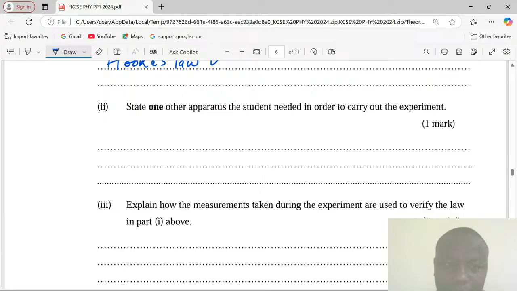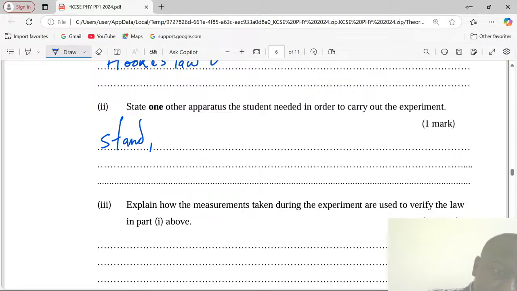Part 2. State one other apparatus the student needed in order to carry out the experiment. So in order to carry out the experiment, the student now requires a complete stand, or a stand, a clamp, and boss.